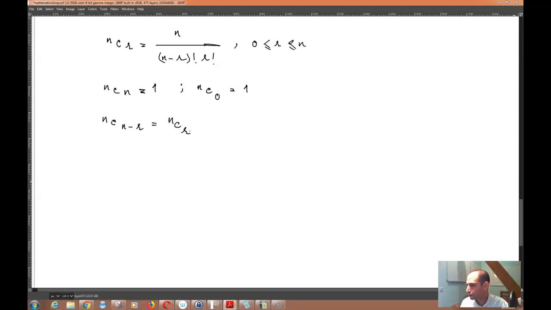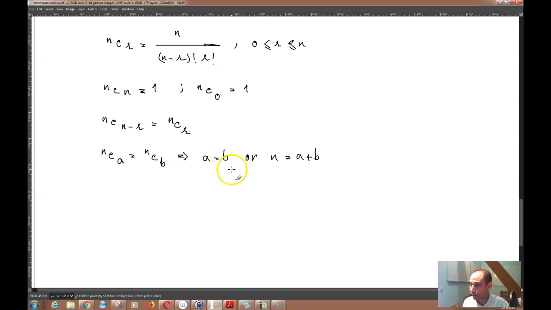And also we said that if n combination a is equal to n combination b, that implies that a is equal to b, or n is equal to a plus b. This is also what we talked about.